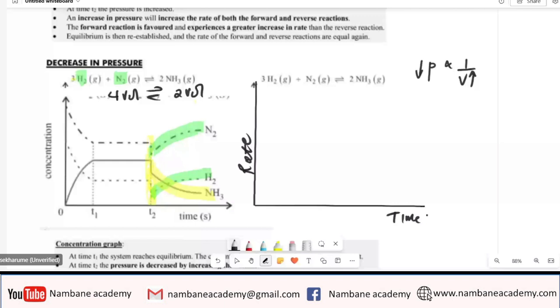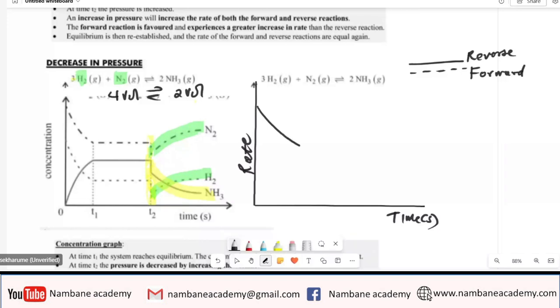So now I'm having the reaction, the forward and the reverse. So the forward reaction is dotted lines. So this one is forward. The reverse reaction is a solid line. So now we draw the graph.